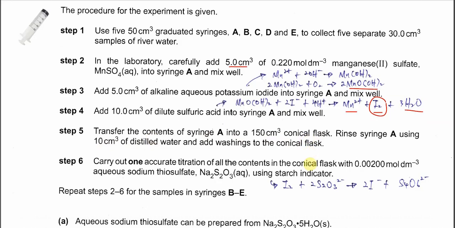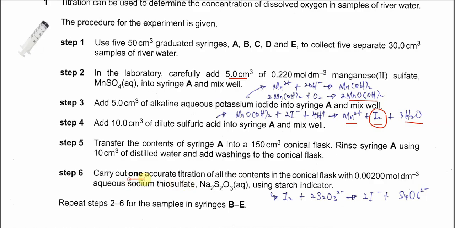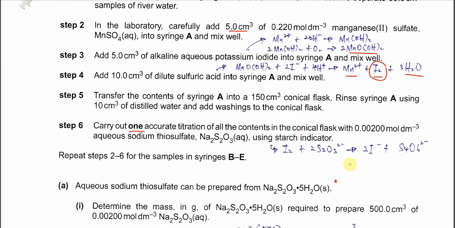Okay, after that, last step, carry out one accurate titration of all the contents in the conical flask with 0.002 mol per dm3 aqueous sodium thiosulfate using a starch indicator. So for this one, before the titration, we need to use the starch indicator because the starch will react with the iodine produced and it will turn blue-black.